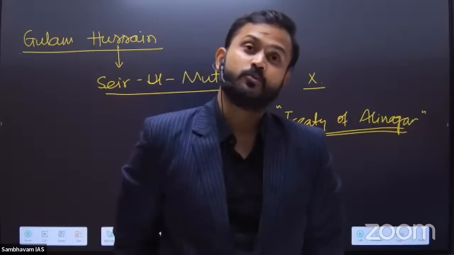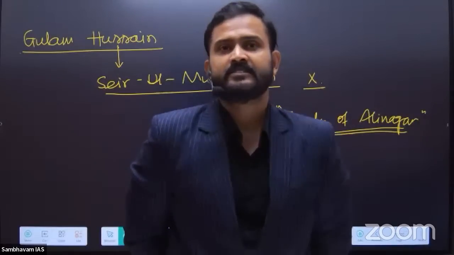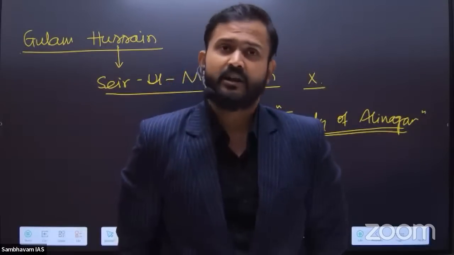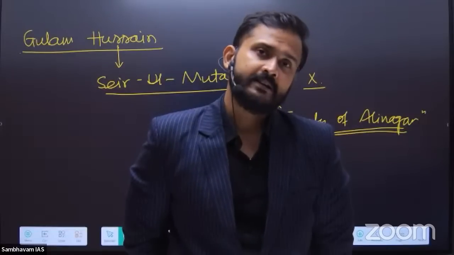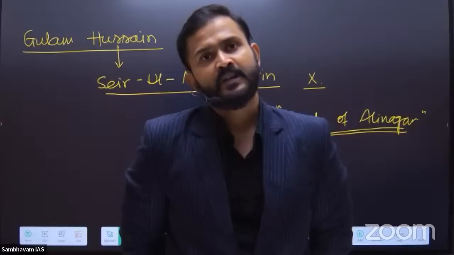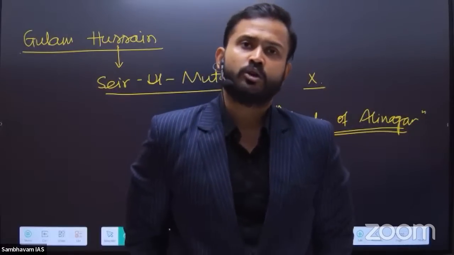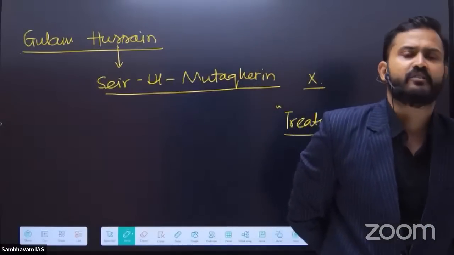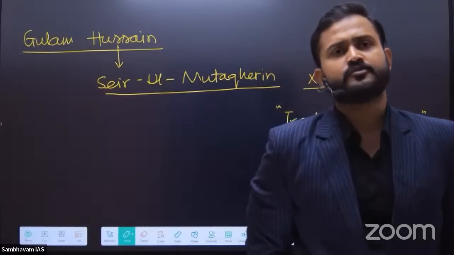Please remember, four years later, in 1761, the Afghans made a full-fledged attack under Ahmad Shah Abdali or Ahmad Shah Durrani. During this period, Afghans were constantly coming and raiding India. Siraj-ud-Daulah was fearful of an Afghan attack, and he felt that the bigger threat was the Afghans. Let us settle with the British first.